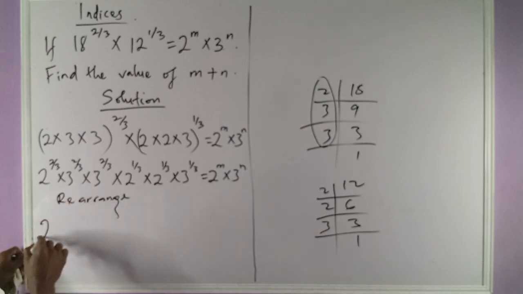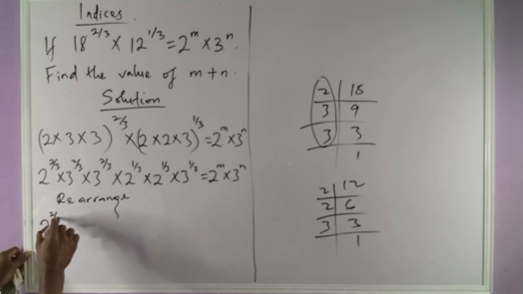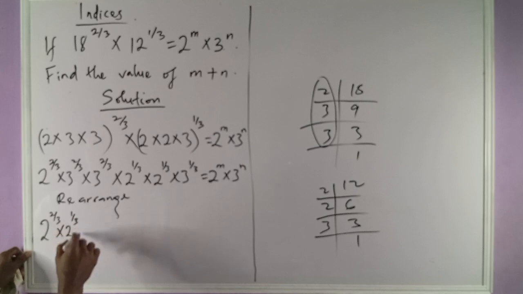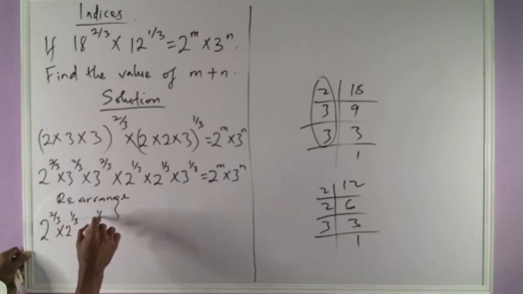We have 2 raised to power 2 over 3 multiplied by 2 raised to power 1 over 3 multiplied by 2 raised to power 1 over 3.